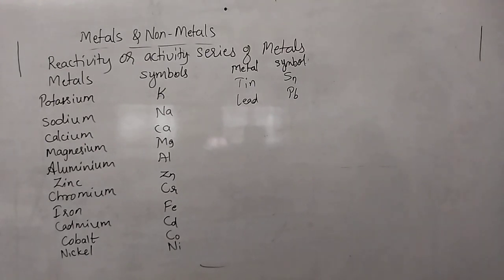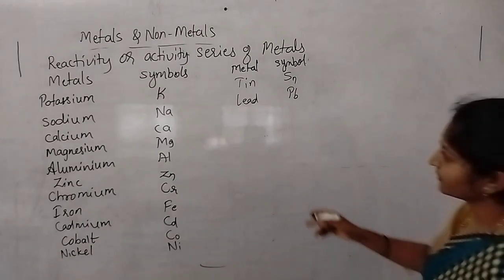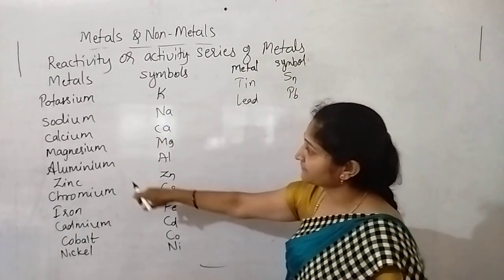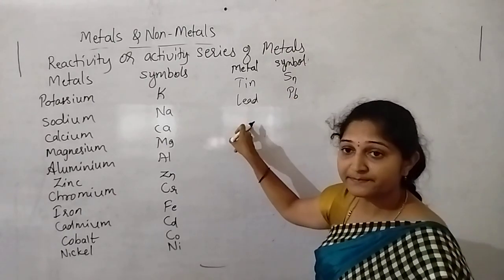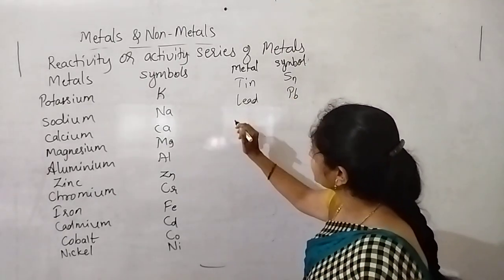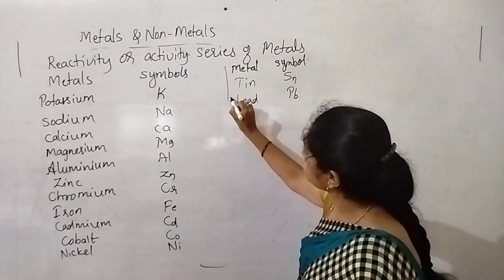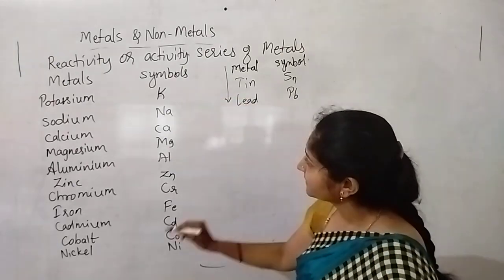On the basis of hydrogen, all these metals are more reactive than hydrogen, and when they react with acids they give rise to hydrogen. Up to here it is a decreasing order of metals.